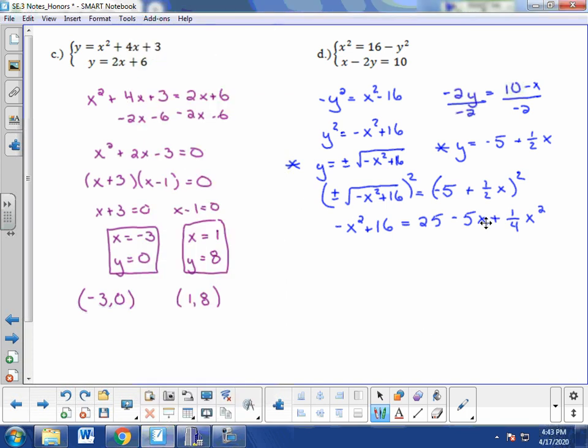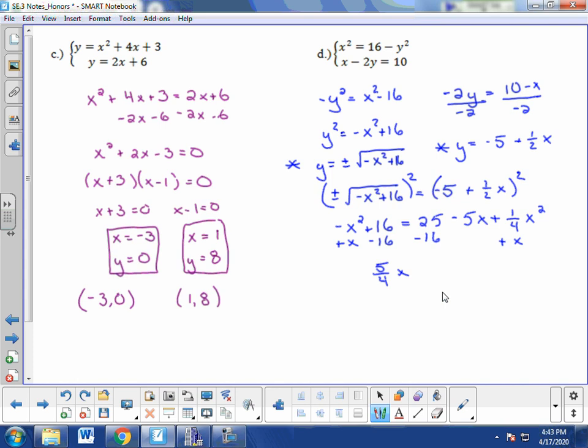So now this is quadratic. There's an x squared. It's a polynomial. We need to make it equal to 0. So I'm going to go ahead and subtract 16 from both sides. I'm going to add x to both sides. So this gives me, I'm going to write the x's first. So 1/4 x plus x is 5/4 of x.